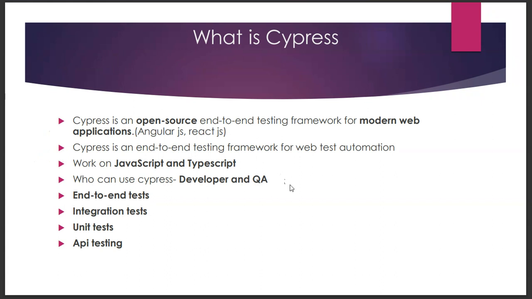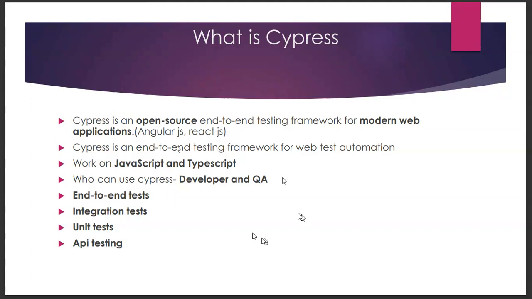Cypress is an open source end to end testing framework that is widely used for modern as well as traditional web applications. Modern web applications are developed in AngularJS and React.js, and traditional ones are developed with HTML and CSS.